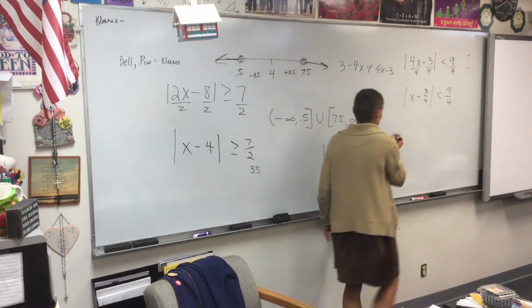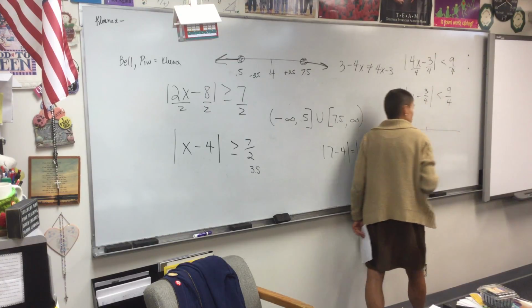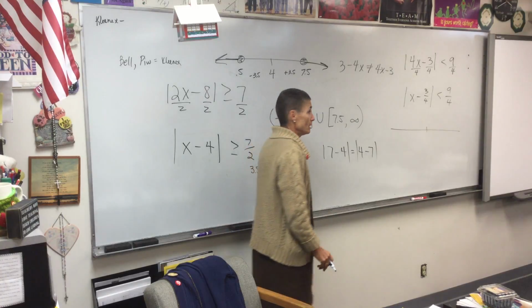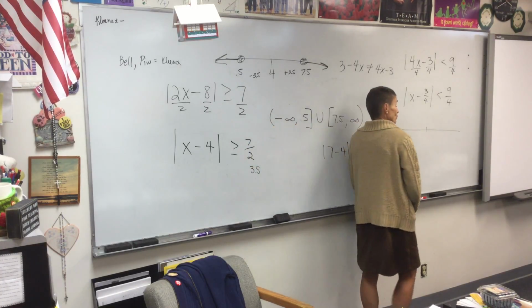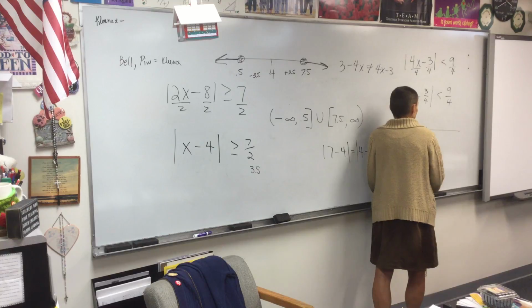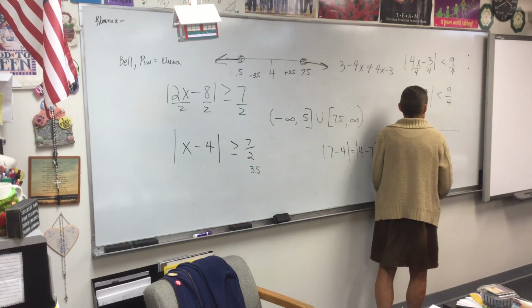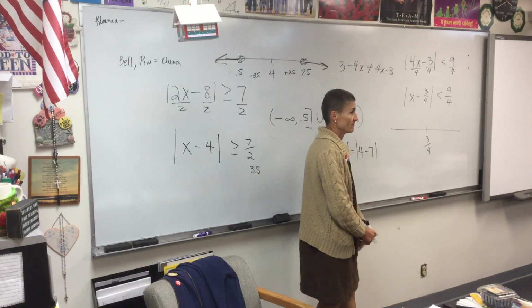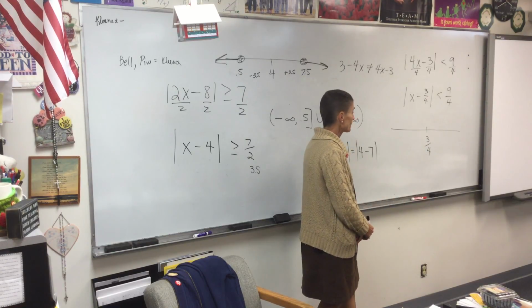Okay, so here's my number line. I'm going to leave this one as fractions. If you want to change it to decimals, you are free to do that. But I'm going to leave it as fractions. Here's why. What goes right here in the middle? Negative 3/4. Positive 3/4. Come on, Molly. Which is it? Positive. Why is it positive? Because I do the opposite, right? If it's x minus, I put the positive. If it's x plus, I put the negative.